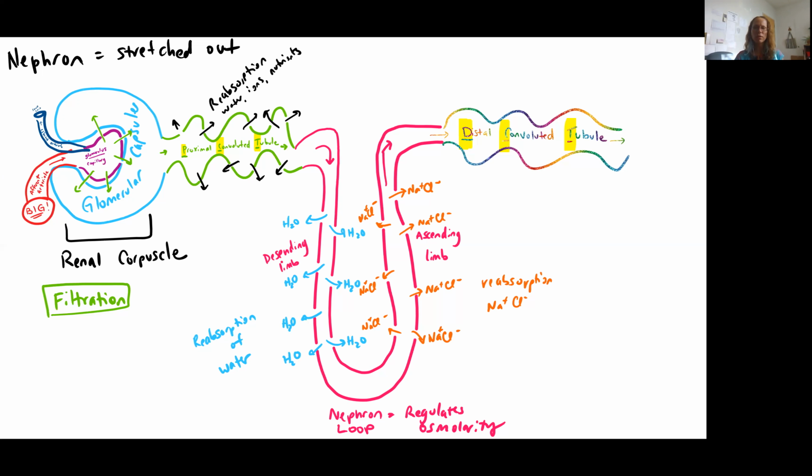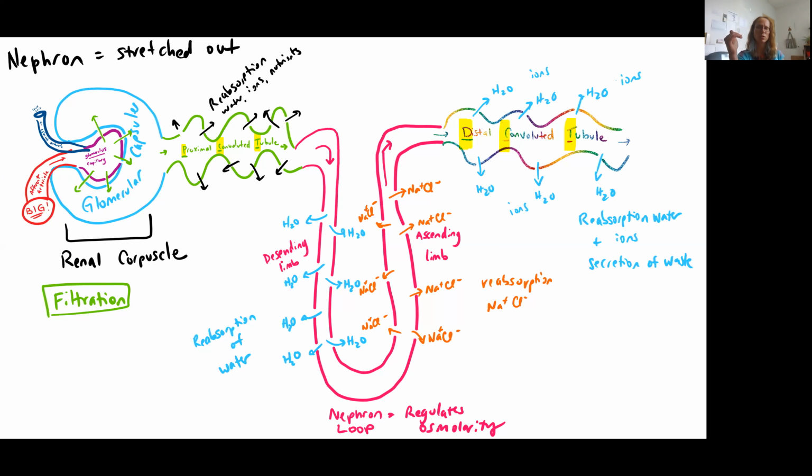In the distal convoluted tubule, we'll see reabsorption of water and ions, and also secretion of waste. So that means waste product is going to move from the blood into the distal convoluted tubule. With both of those little tubes, I've highlighted the beginning letters.